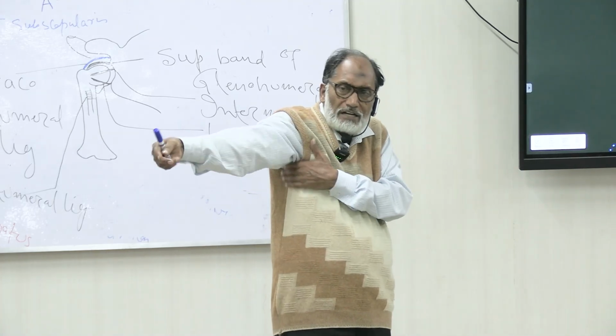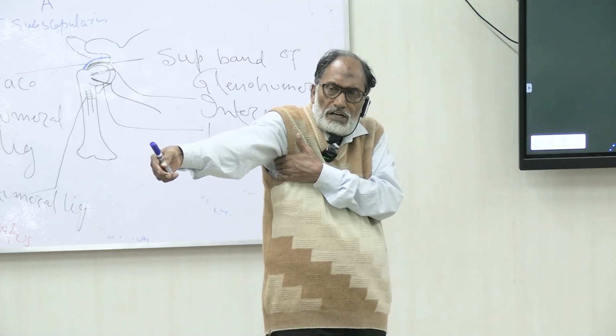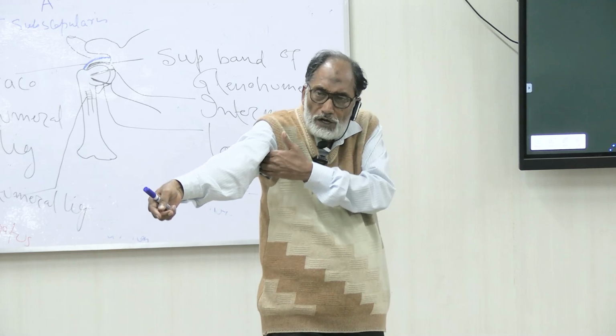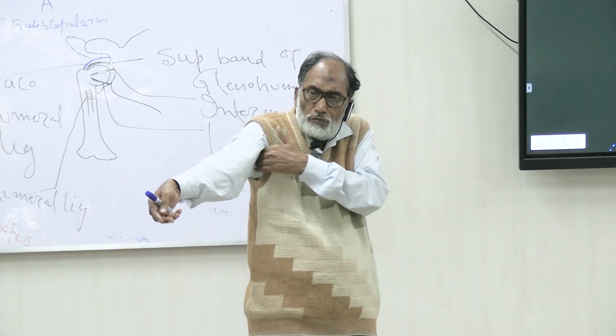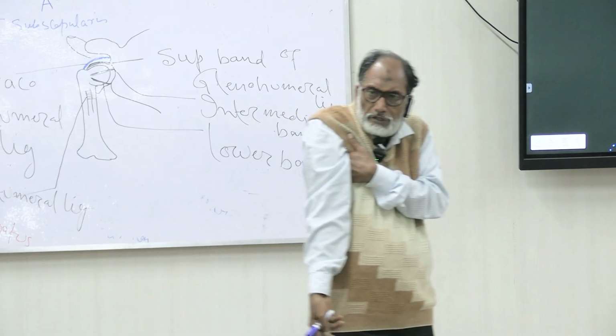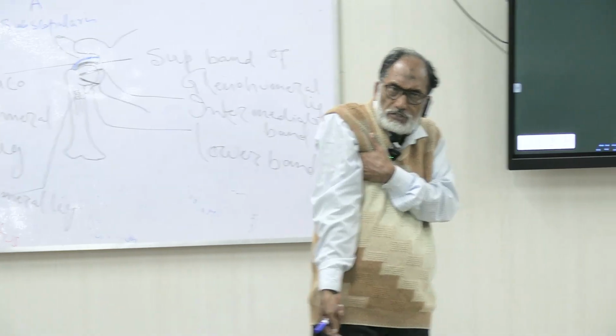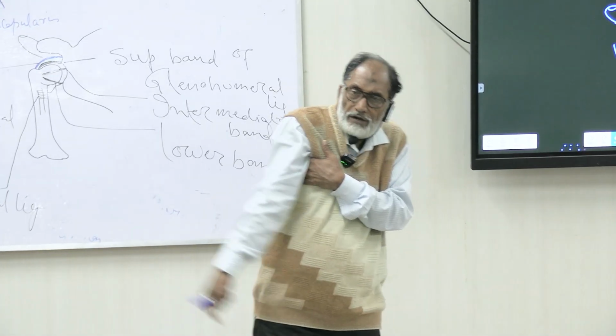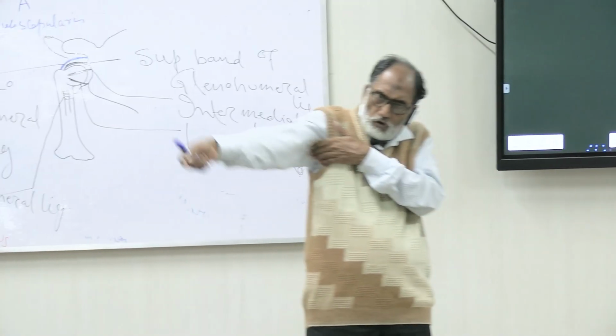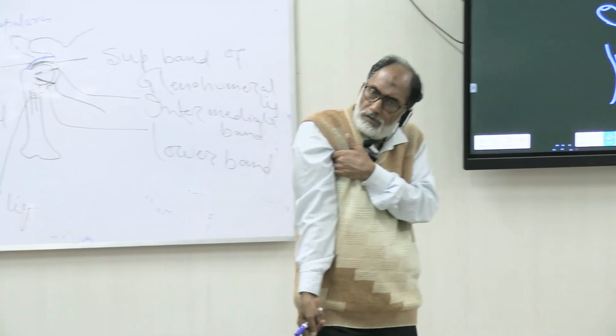From the lateral border of the scapula to the humerus. So if it pulls from here, what will happen? It will come this way. So adduction is done by teres major, and latissimus dorsi also causes adduction, right?